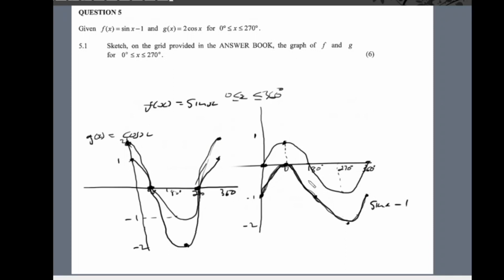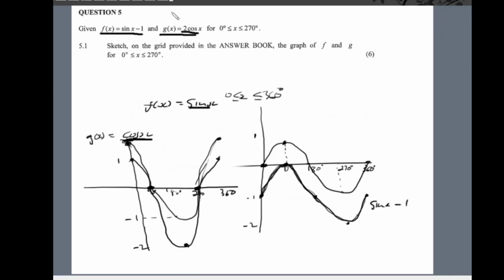Right, so now the important thing is: if you can draw these two graphs, the standard function for cos and the standard function for sine, all that you now do is only transform the standard function by shifting it 1 unit down, and then here you only need to transform the standard function of cos x by multiplying every point by 2.